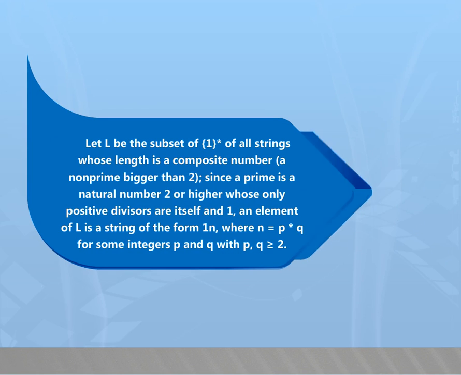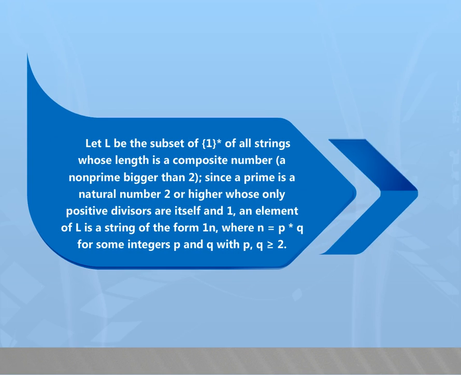Let L be the subset of {1}* of all strings whose length is a composite number, that is, a non-prime bigger than 2. Since a prime is a natural number 2 or higher whose only positive divisors are itself and 1, an element of L is a string of the form 1^n, where n = p*q for some integers p and q, with p, q greater than or equal to 2.